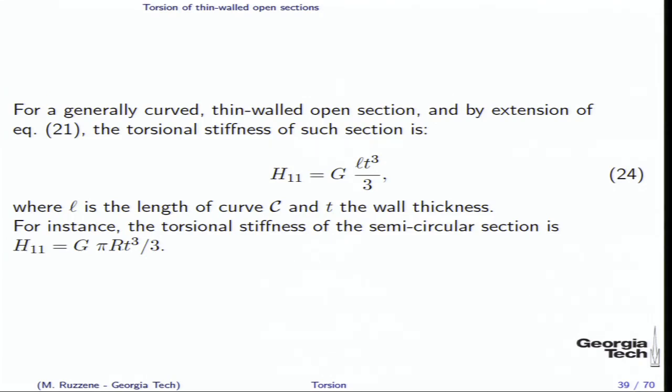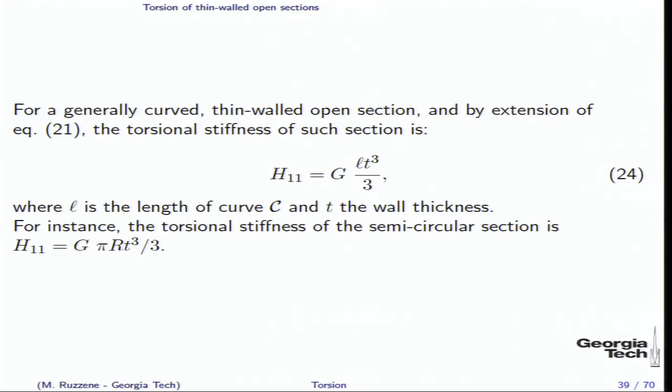So this is the length for this section, and then the circumference of the semicircular section will be the length of that portion, and then we have another length. Sometimes they are referred to as S1, S2, S3, and then you just calculate S as S1 plus S2 plus S3. That becomes the length of the curve.